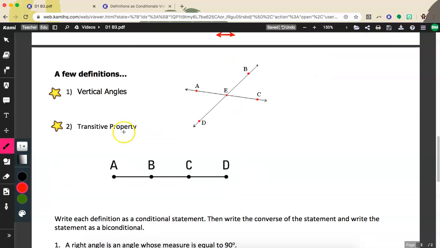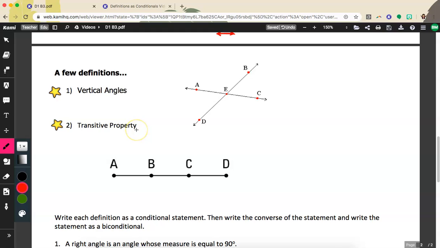We have a few definitions. For our notes sheet, whenever there's a star like this, that means we're going to add that vocabulary to our statement list. I tried to put the stars in anywhere we'd add it to that statement list. We have two things we're going to add: vertical angles and transitive property.